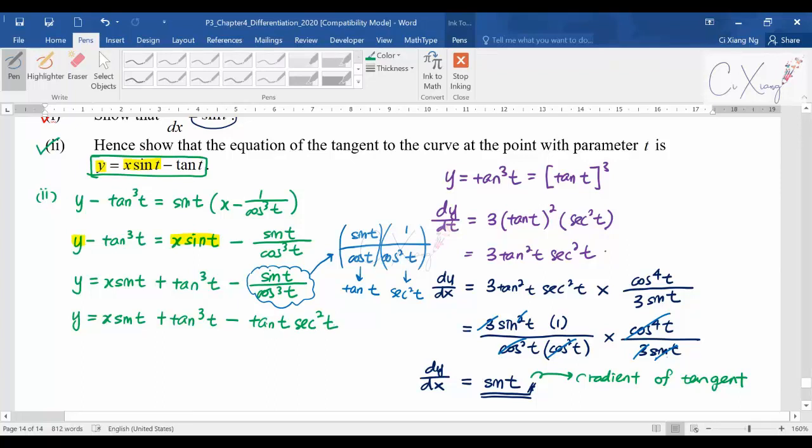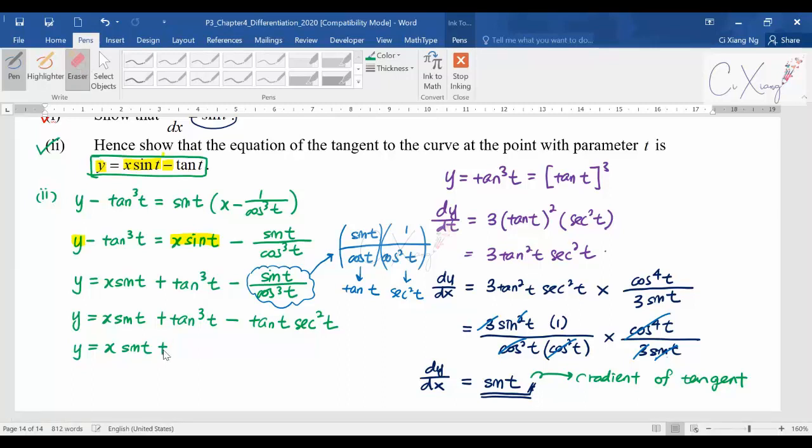Okay? Now, why do I need to change it like this? Because I know that I can try to factorize out the tangent t. Both also have tangent t, so I can factorize it out so that I'm getting one step closer to the answer that they want. Another thing is because I know that this is negative, so what I am going to do now is factorize out the negative tangent t.